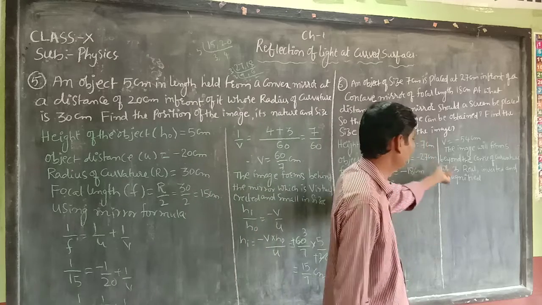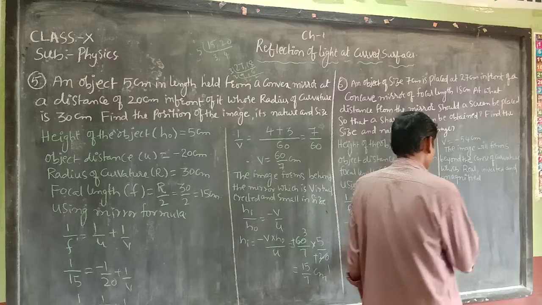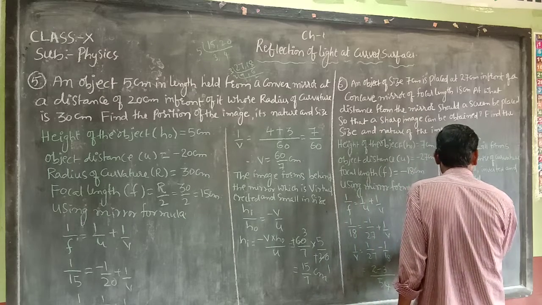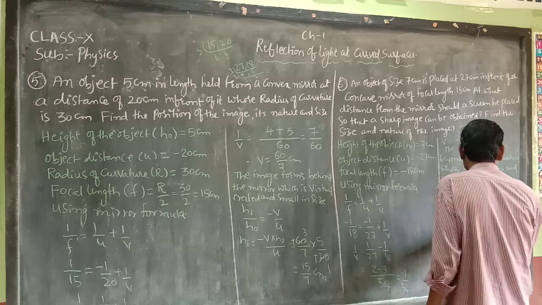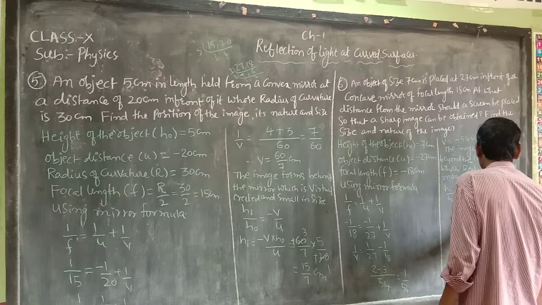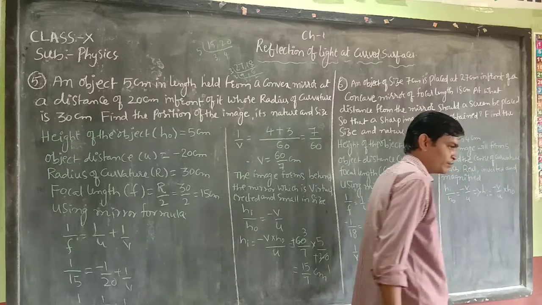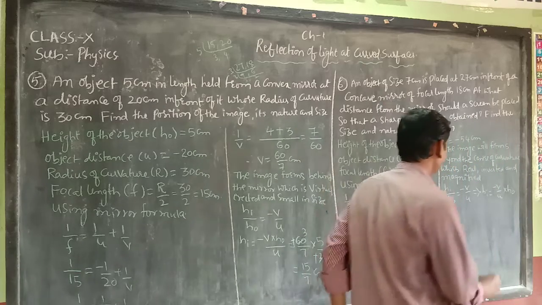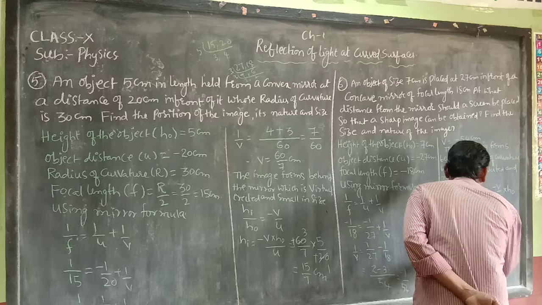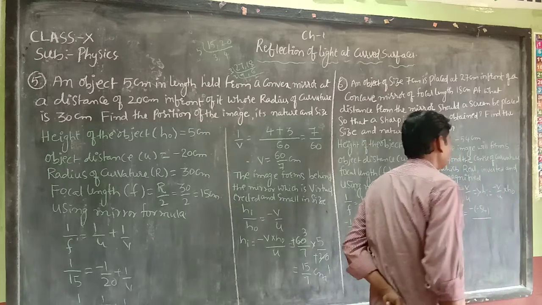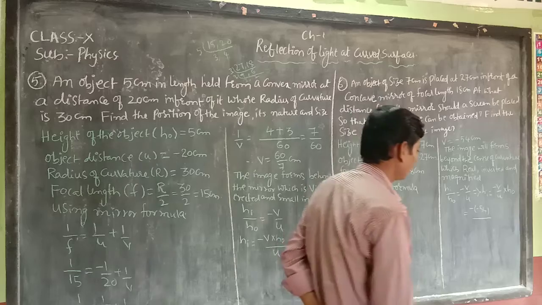Now find the size and nature of the image. The nature of the image we have already found. We have to find the size. So again Hi by Ho is equal to minus V by U. With this, Hi is equal to minus V by U into HO. Now what is V? Minus of minus 54 by, what is the object distance now?